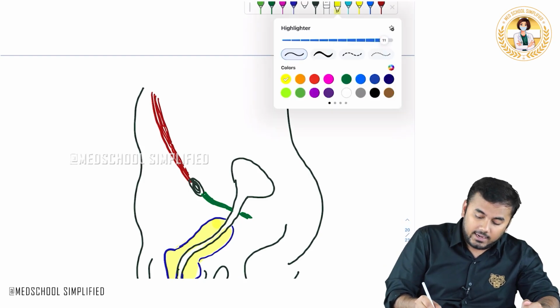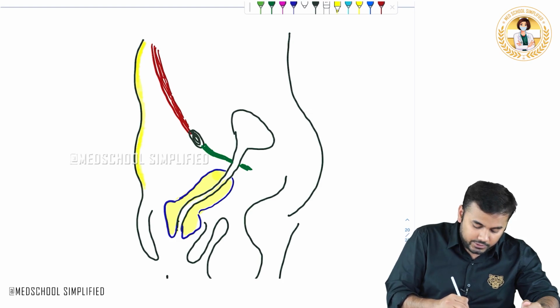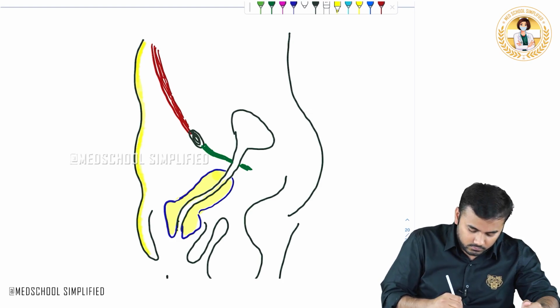So when I say fatty layer, I should draw fat all over. See, this is a fatty layer, which is also called Camper's fascia. This is the Camper's fascia which I am drawing right now.